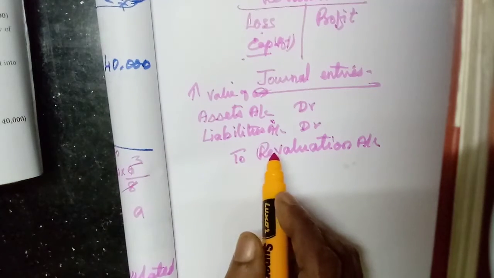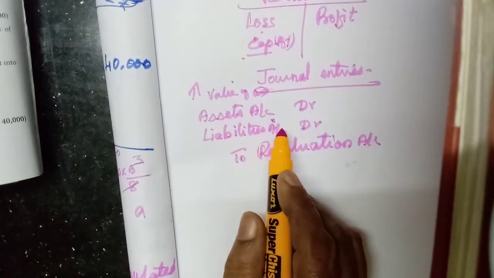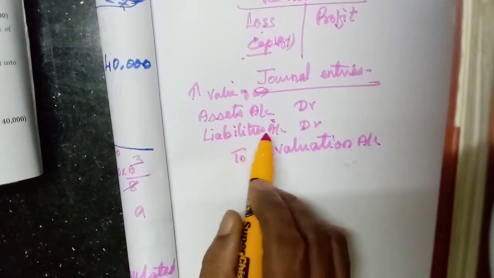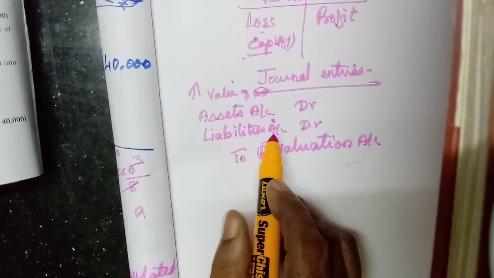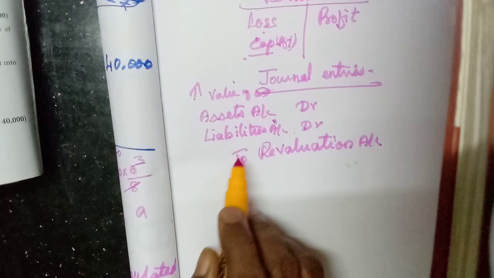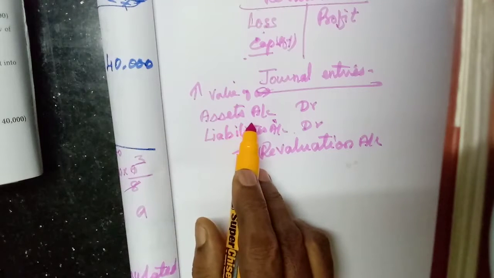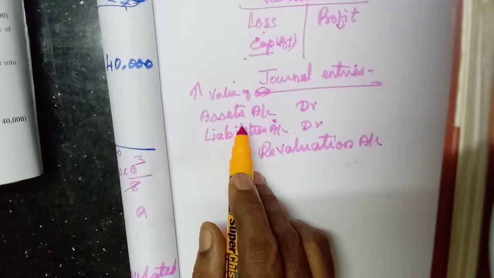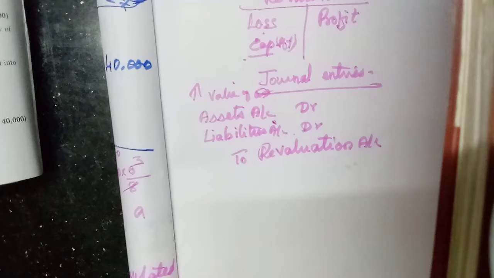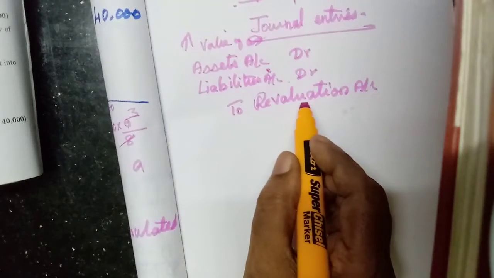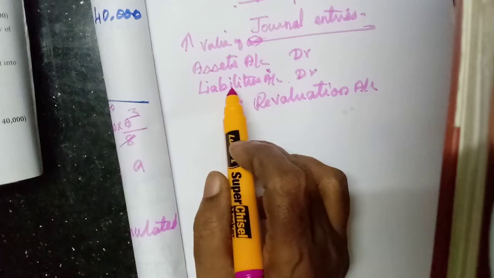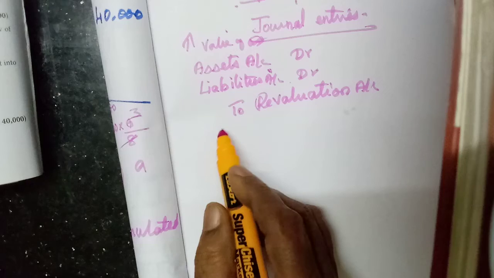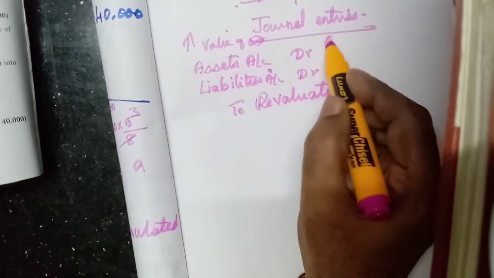These both are profit items: any asset value increased, any liability value decreased. Then any asset not recorded previously in the balance sheet, now we have to record it, so we will debit that asset account, and the revaluation account should be credited. So what is the entry? Asset account debit, liabilities account debit, to revaluation account. These are the profit items.